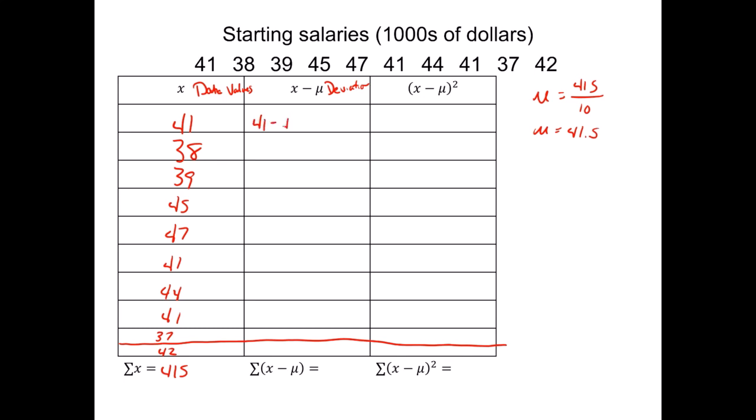So 41 minus 41.5 to get negative 0.5. 38 minus 41.5 to get negative 3.5. 39 minus 41.5 to get negative 2.5. And you're going to do that all the way down the column.